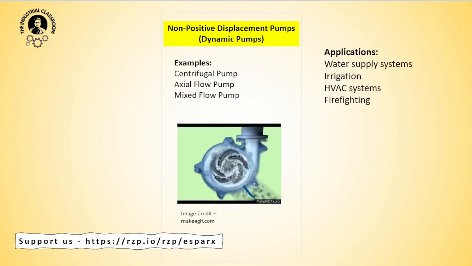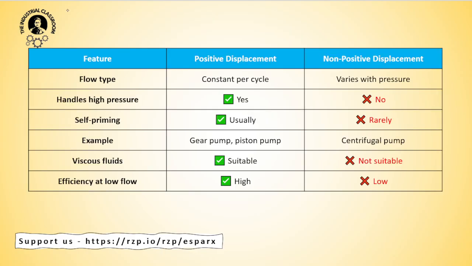So here see, this is the centrifugal pump. Here the fluid is moving inside this way, and there are certain losses, and some of the fluid is moving out, so we cannot capture the output here. Centrifugal pump, axial flow pump, mixed flow pump, all are the examples of non-positive displacement pumps, or better known as dynamic pumps.